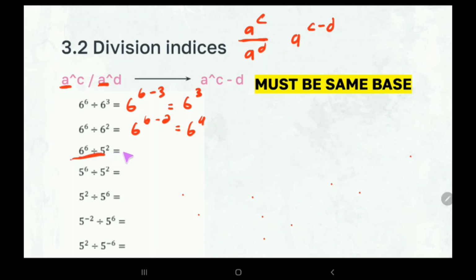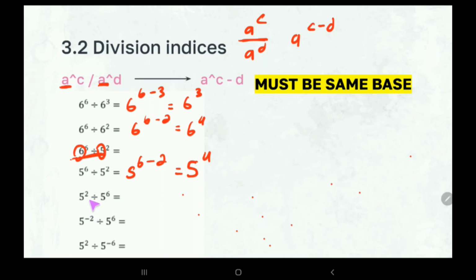Now here we cannot use this law because the bases are different. If you want to evaluate, you can do it. And then 5 to the 6th power divided by 5 squared, so it will be 5 to the 6 minus 2, so it will be 5 to the 4th power.